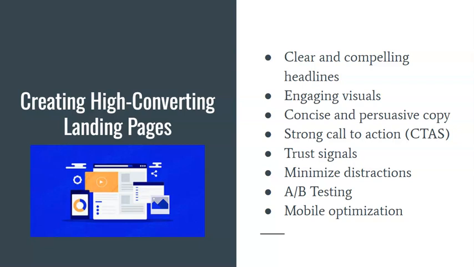Again, the last tip about creating high converting landing pages is mobile optimization. You have to make sure that your landing pages are mobile responsive. You have to have a mobile responsive design and ensure that your landing pages are optimized for mobile devices, not just desktop and not just tablets.